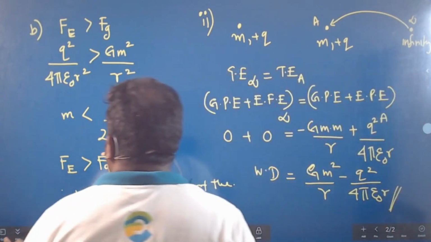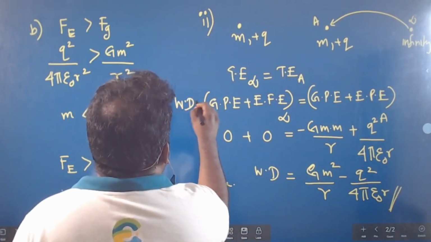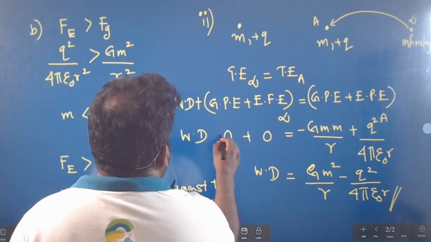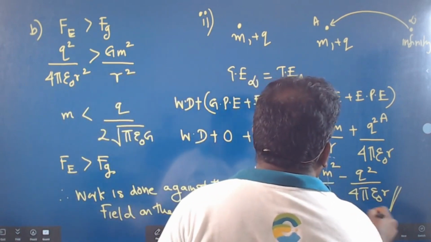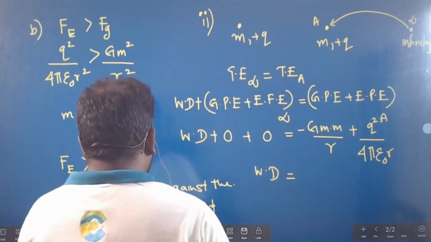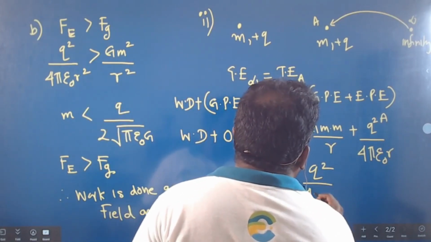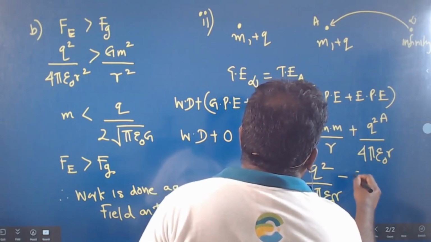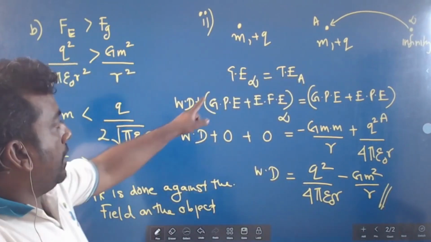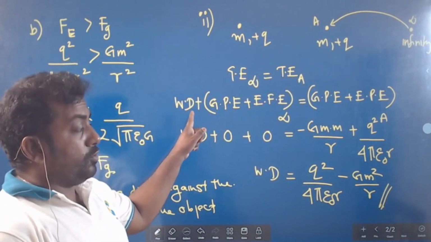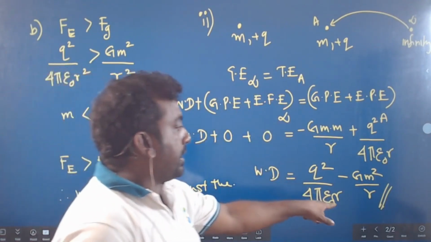The work done is q squared over 4 pi epsilon naught r minus G m squared over r. So apart from the energy, I must do work. I have to do work at infinity to bring the object here.